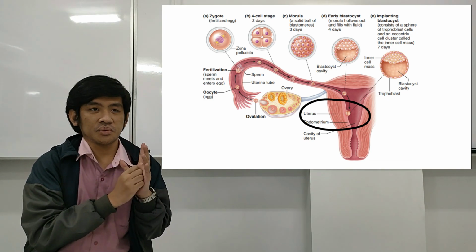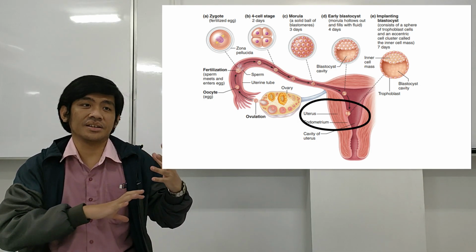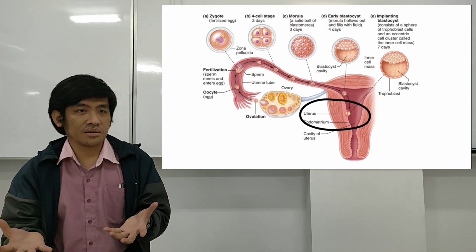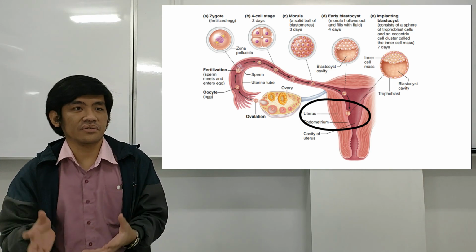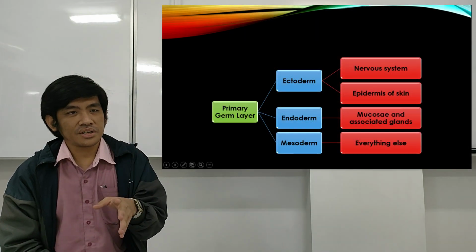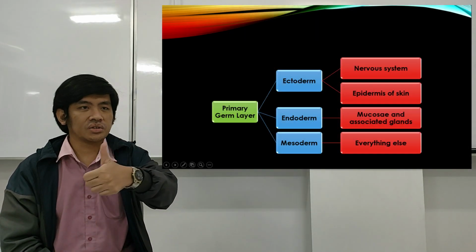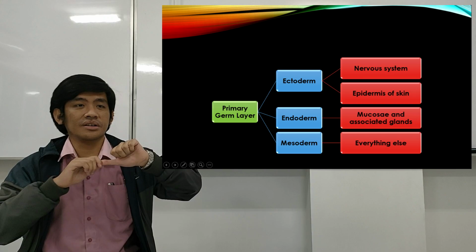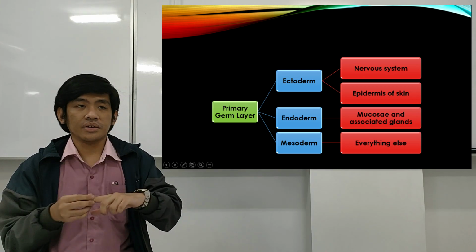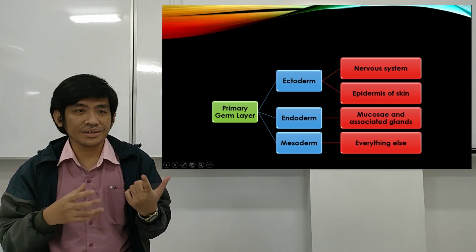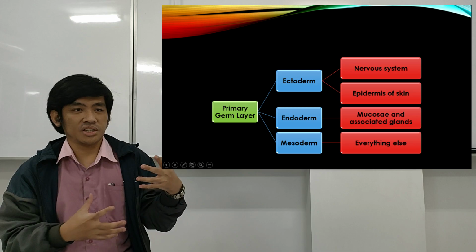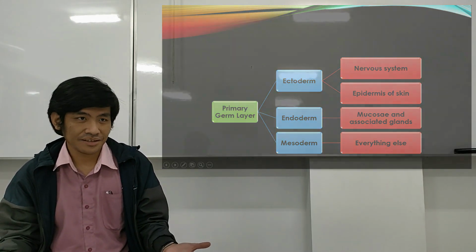This attachment process is happening as the development is continuing, and 3 primary germ layers are being formed by the inner cell mass. The primary germ layers are ectoderm, which will become the nervous system and the epidermis of the skin, endoderm, which will form the mucosae and associated glands, and the mesoderm, which will become everything else.